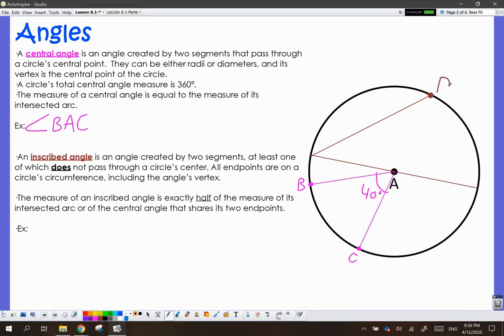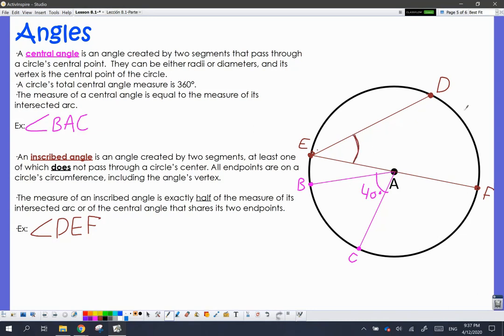Let's say I have D, E, and F over here. So angle DEF is an inscribed angle. What makes this inscribed is that the vertex is not on the center and the entire angle is contained inside the circle.